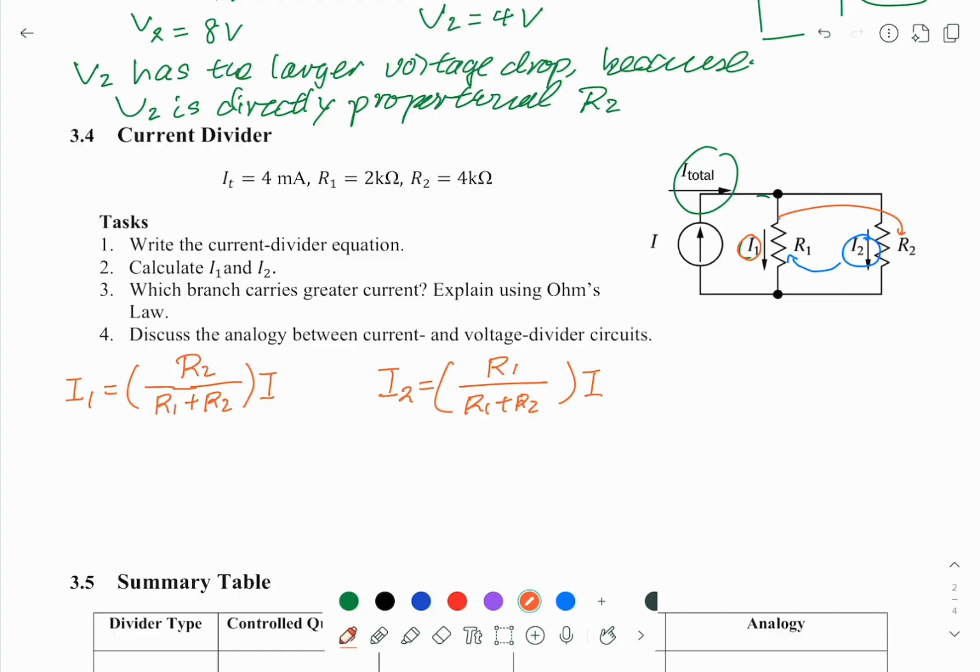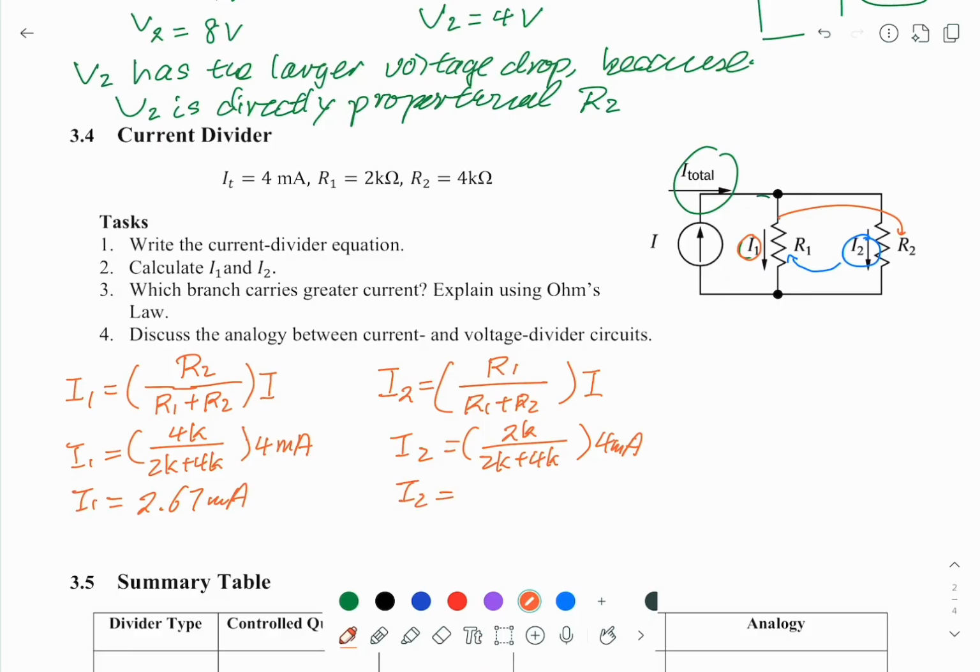Now let's plug the numbers in and see what we get. This one is 2K plus 4K, and this is 4K, and this is 4 mA. 2K plus 4K, this is 2K, this is 4 mA. So I1 is equal to 2.67 milliamp.